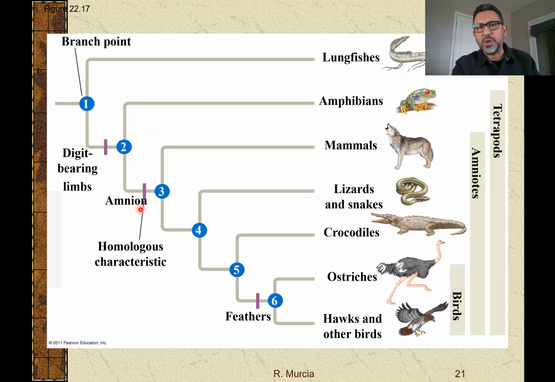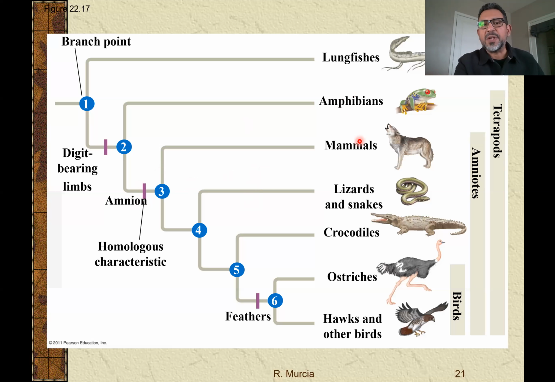Eggs with a shell don't need to develop underwater. The eggs of amphibians, like salamanders, frogs, toads, need to develop underwater because they don't have a shell and they will dry out. But with the advantage of this amnion, this special sac or membrane, all of the organisms that can produce this type of egg with an amnion and a shell can have the advantage of allowing those eggs to develop exposed to the air.